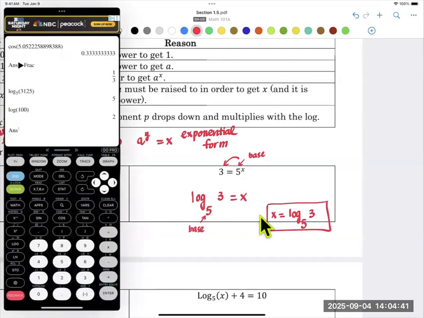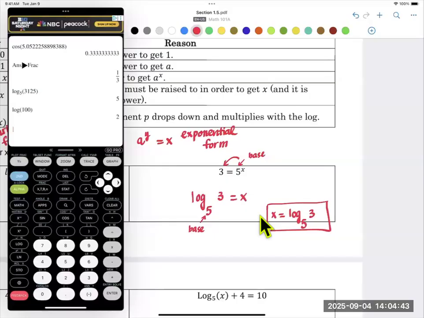If you want to evaluate it in your calculator, some calculators can take the base, but some can't. So you can leave it exact. If you want to approximate, you take log base a of b, which is the same as log b over log a.